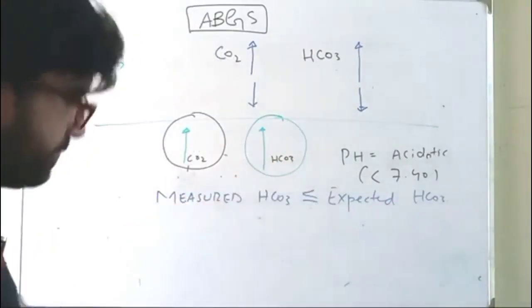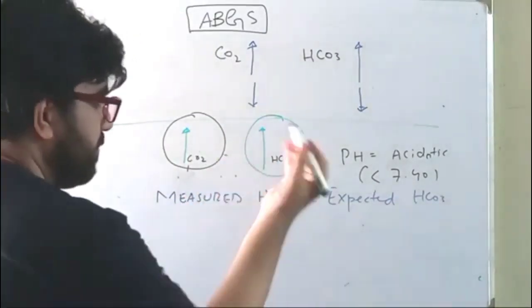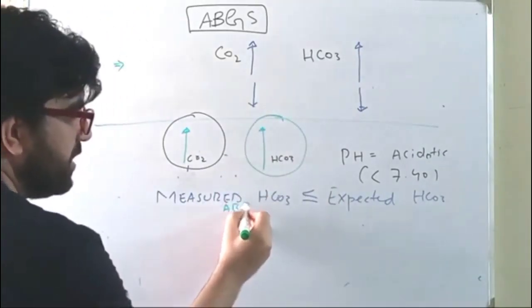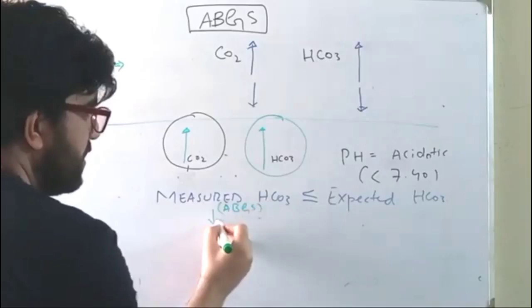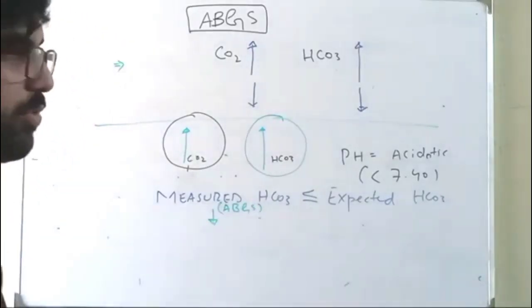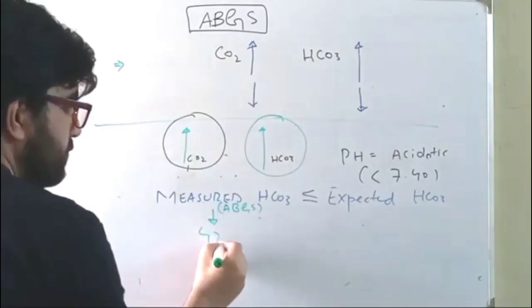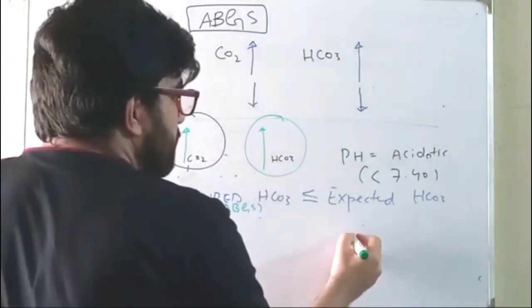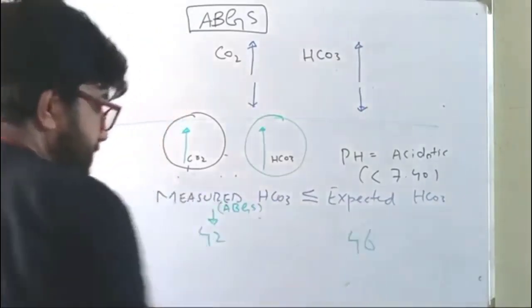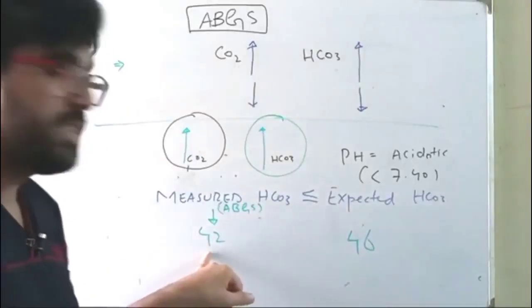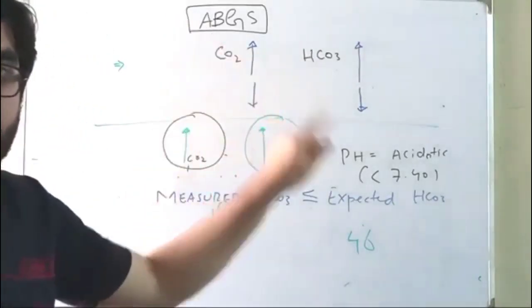Like by comparison, this is bicarbonate that is present in the ABGs. For example, say my bicarbonate is 42 and the expected bicarbonate is 46. So that is less than that. So it means this is compensation.